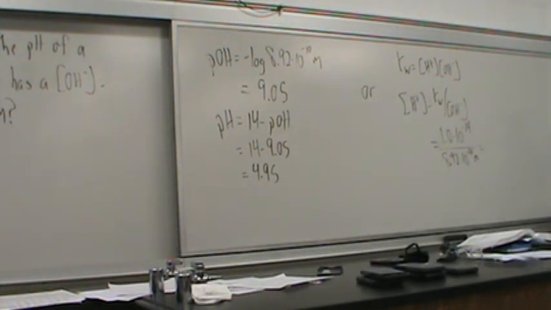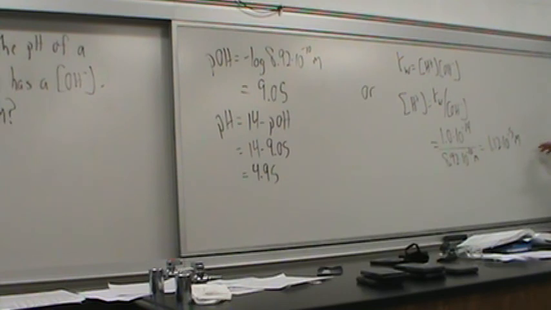What are we coming up with? Anybody? 1.12 times 10 to the negative 5th.